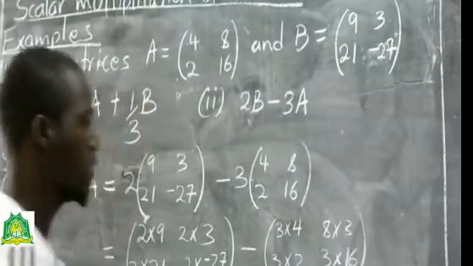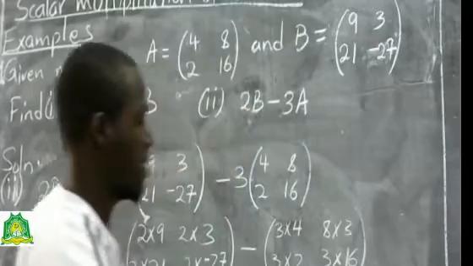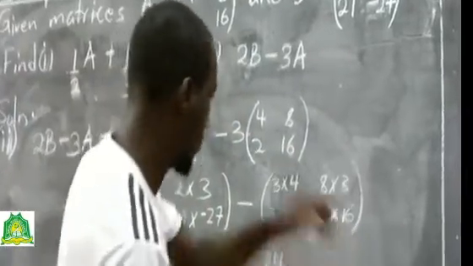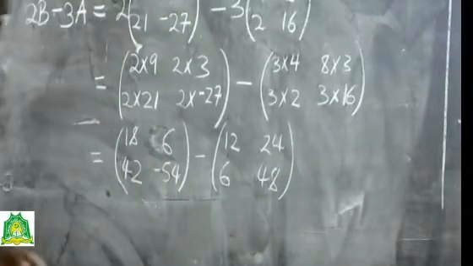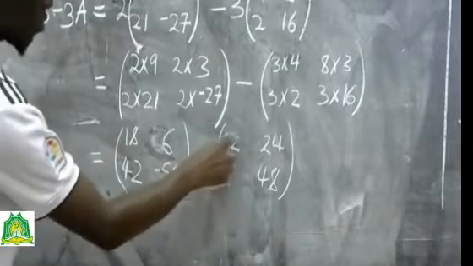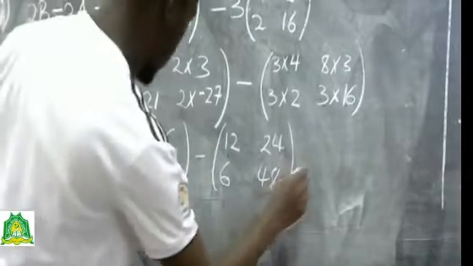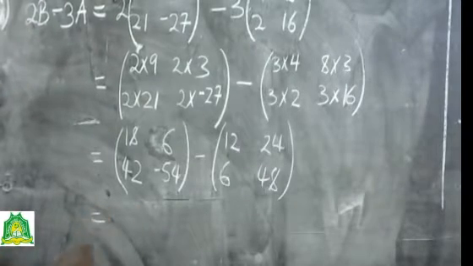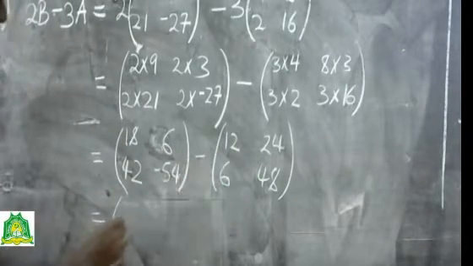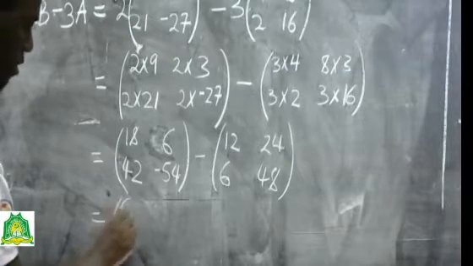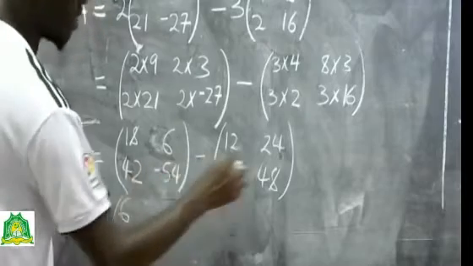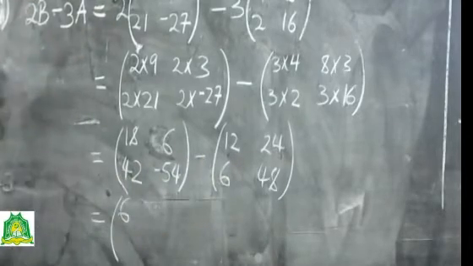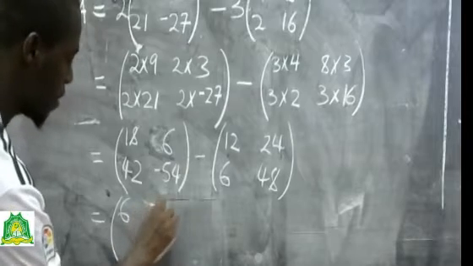When I multiply that, 16 times 3, that is 48. Then now I'm going to subtract. 18 minus 12, I get a 6. 6 minus 24, that one I get my negative 18.